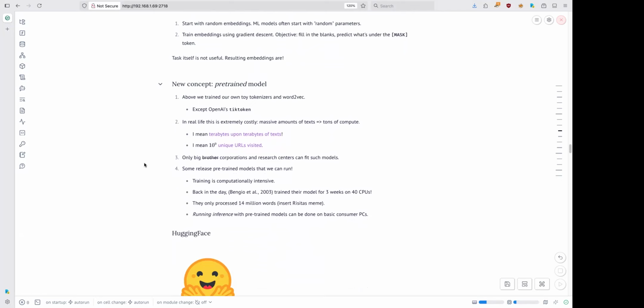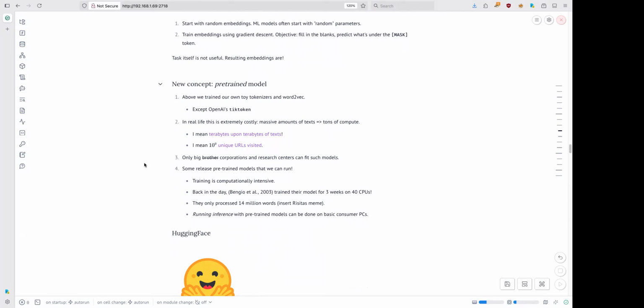Thankfully, there are pre-trained models. Above, we saw that we can easily train word2vec, and we can train our tokenizers when our training set is small. We just took the Wikipedia entry for Python. It's really small. We trained our models in less than a second, it was really easy, and the models were really good.